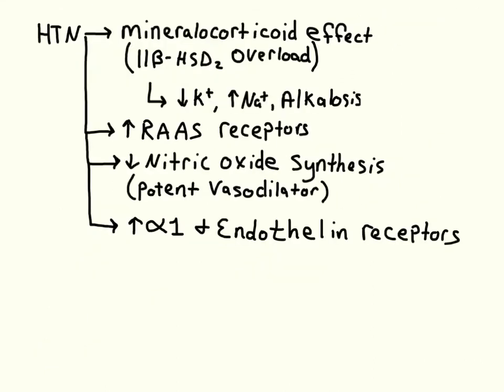So with hypertension, there are 4 basic mechanisms. We discussed the mineralocorticoid effect of cortisol whenever you have an overload on 11-beta-hydroxysteroid dehydrogenase. When you see this, you're going to see low potassium, high sodium, and possibly even alkalosis. This is because the reabsorption of sodium causes potassium to be excreted, and also in the alpha intercalated cells, you get the secretion of hydrogen ions with cortisol.